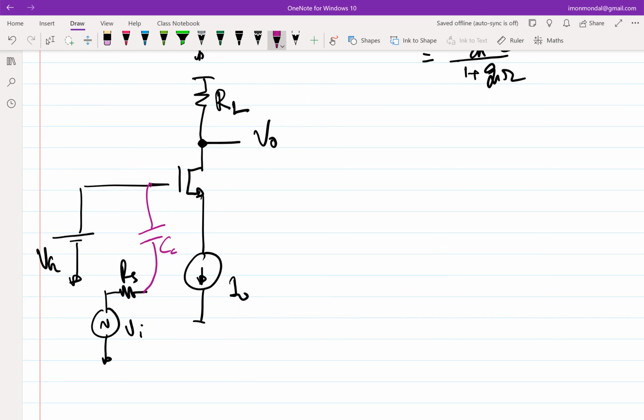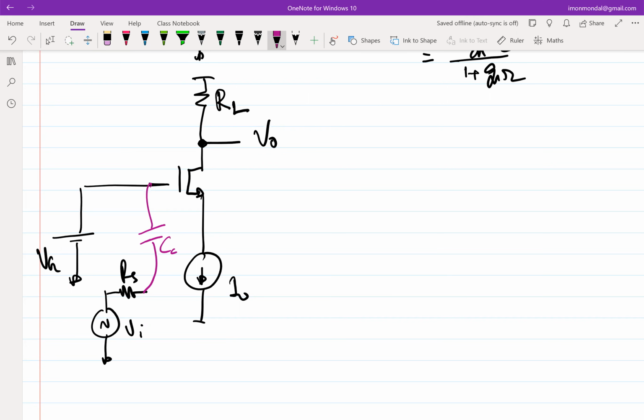But the issue is that typically, when you have an incremental input, it doesn't come as an explicit voltage source. It can be a signal coming from the antenna, or from the previous stage, where you don't have access to both terminals. You have access to only one terminal, and the other terminal is implicitly grounded.